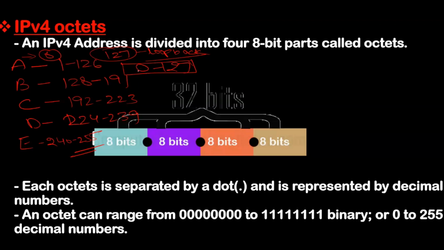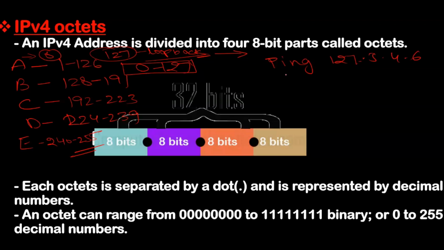Loopback means it's a self-host address. Self-host address means it's the address of your NIC by default. If you want to check your NIC, you can use this address. You just have to ping an IP that starts with 127, and after that any digits can follow, like 127.5.4.6.